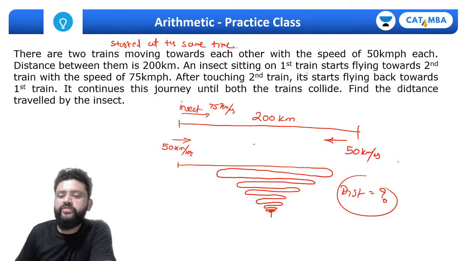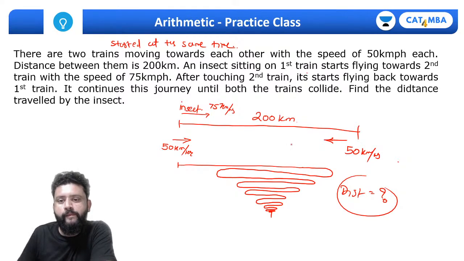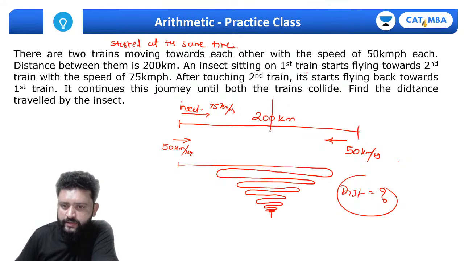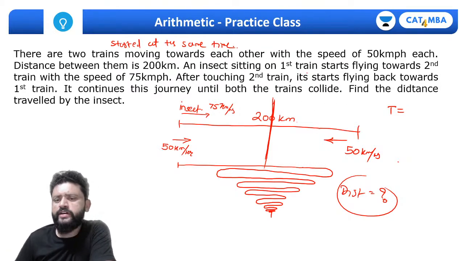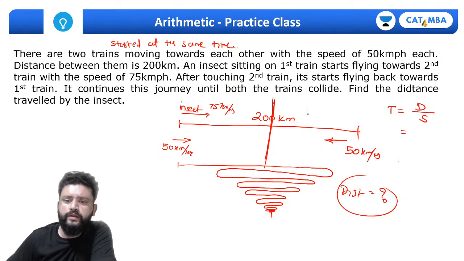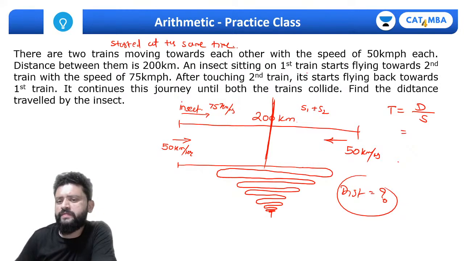Okay Ashish, first of all let me know after how much time these trains will meet. These trains will meet exactly in between. Time required for trains to meet: they are in opposite directions, so S1 plus S2, which is 50 plus 50, 100 km per hour. The distance is 200 km.